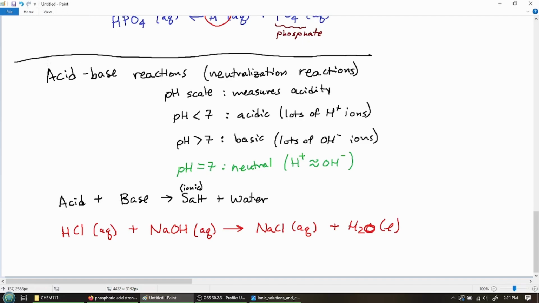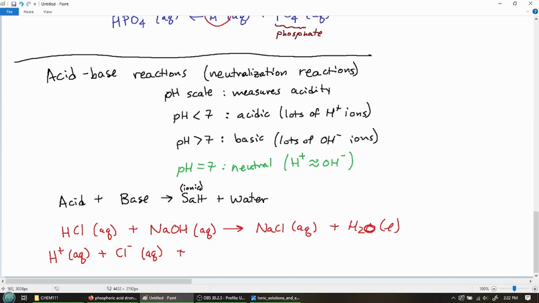So let's write this equation one other way so that we can get a picture of what's going on here. We now know that hydrochloric acid is a strong acid. In other words, what that means is that hydrochloric acid will pretty much 100% split apart into these two species: H+ ions, which we now know are just protons, and chloride ions.